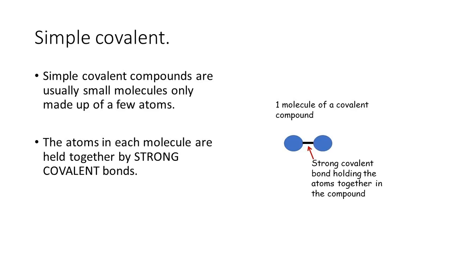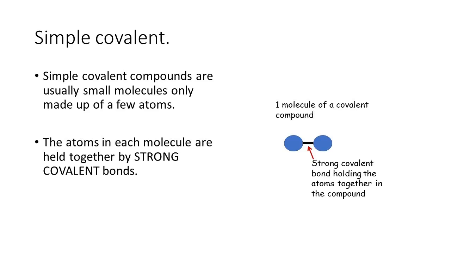Examples of a simple covalent compound would be O2, which is two oxygen atoms bonded together, or carbon dioxide, which is one carbon and two oxygens bonded together, or ammonia, which is NH3, which is one nitrogen surrounded by three hydrogens. So these are all examples of simple covalent compounds.